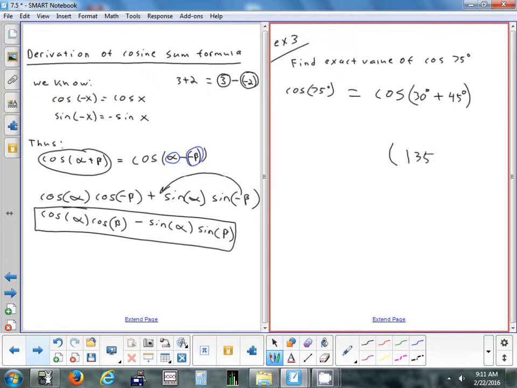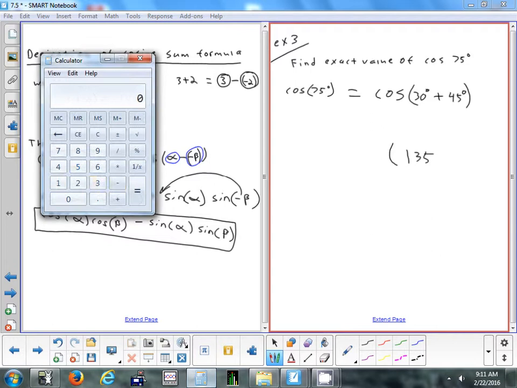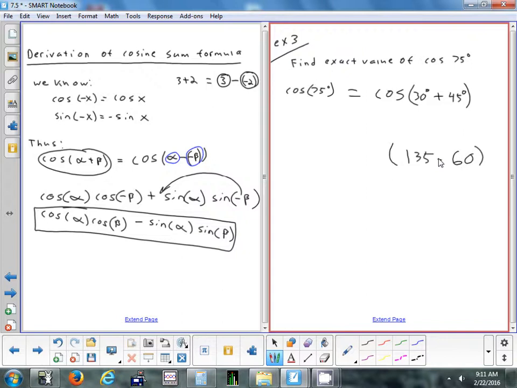How about if you did 135 minus 60. 135 is a multiple of 45. 60 is a multiple of 30. So if the test didn't say how to do it, you could do this as a difference. Okay? But we're going to do it as a sum. Any question on that? Any difference? It just takes practice to figure out how to do that in your head.